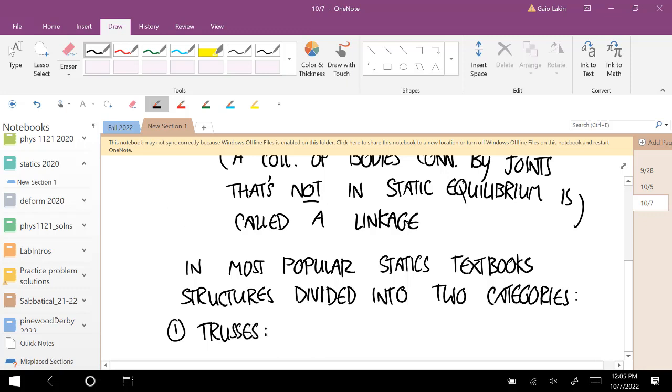And the definition of a truss is every member in the truss has only two forces acting on it.